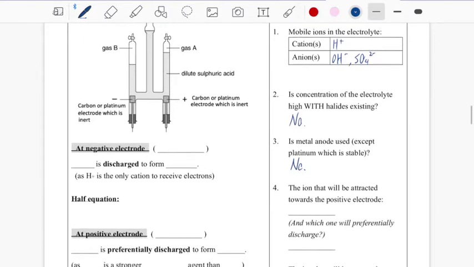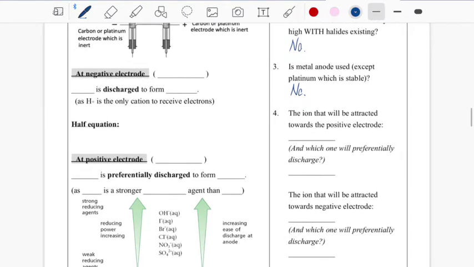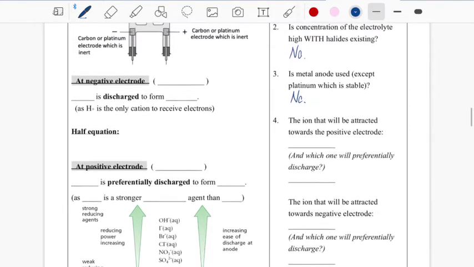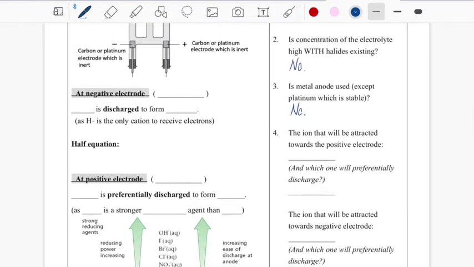Next we're going to discuss which ion is attracted to which electrode, and then we need to consider, according to the position on the electrochemical series, which one is going to be discharged first. On the positive electrode, the negative ion, the anion, should be attracted here.